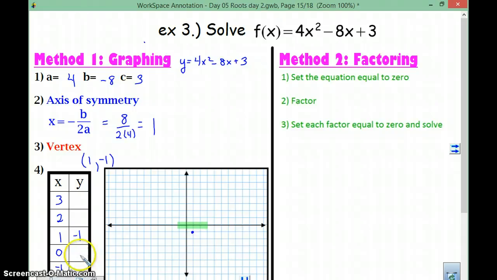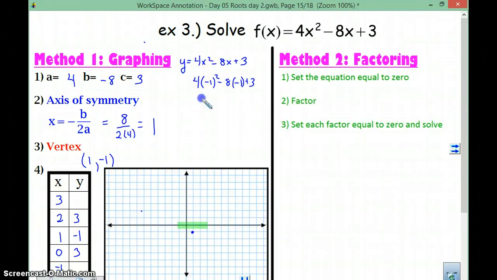Okay, let's plug in. Which one's easier to plug in, 0 or 2? Let's plug in 0. You end up with 0 minus 0 plus 3. Answer is 3. So this should be 3 as well. Might want to do it just to check your work though. Which one's easier to plug in, the negative 1 or the 3? Let's do the negative 1. 4 times negative 1 squared minus 8 times negative 1 plus 3.